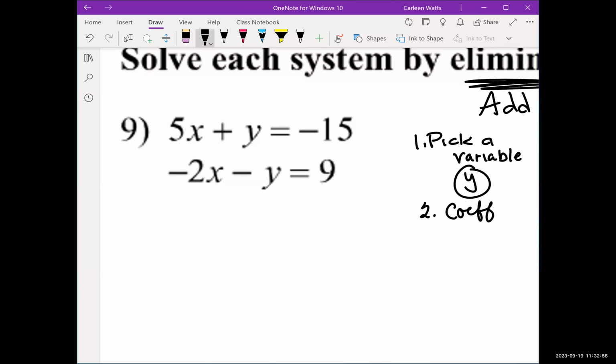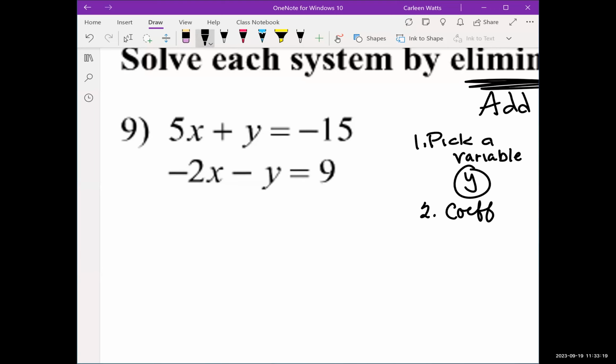Now the coefficient. What is a coefficient? Is it like a little number on the right or a big number in front? What is the coefficient of this X? Does the X have a coefficient? Yes, the coefficient is 5, right? That's what a coefficient is.